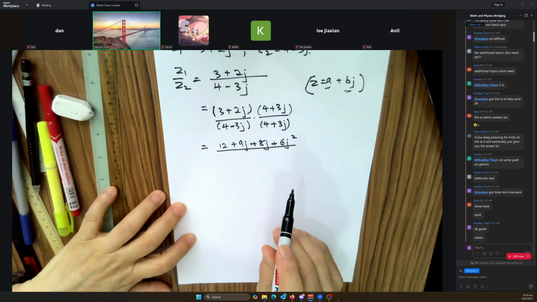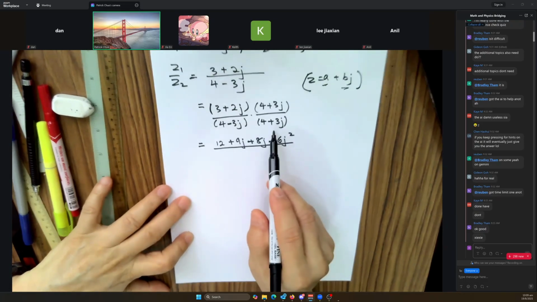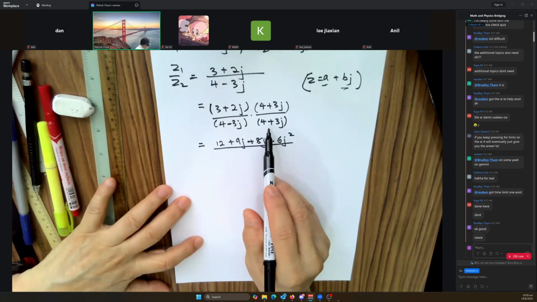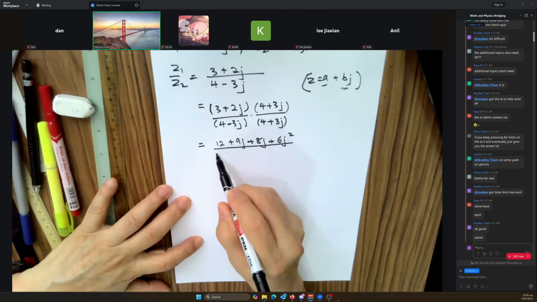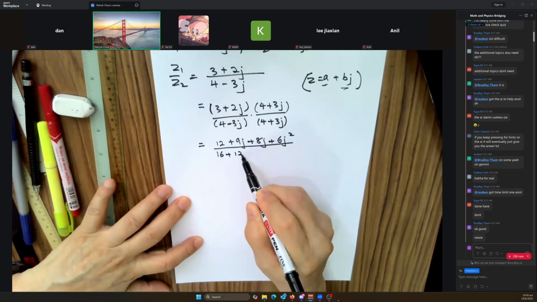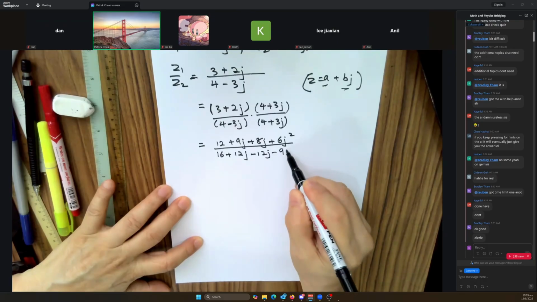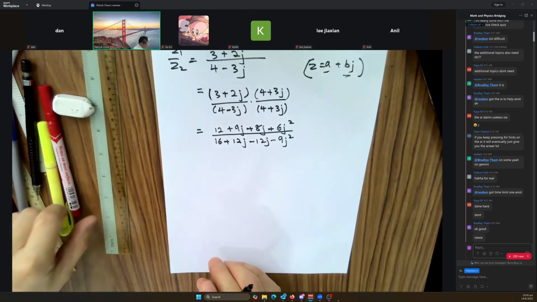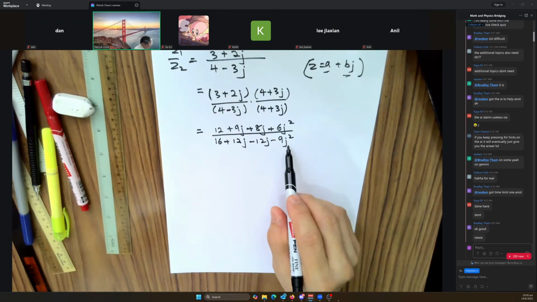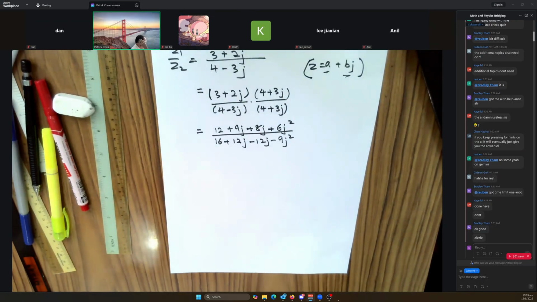All right, let's continue. And you expand the denominator, multiply these two terms together. So you get 16 plus 12j minus 12j minus 9j squared. And remember, j squared is equal to minus 1. Okay, the numerator j squared, same thing, equal to minus 1.